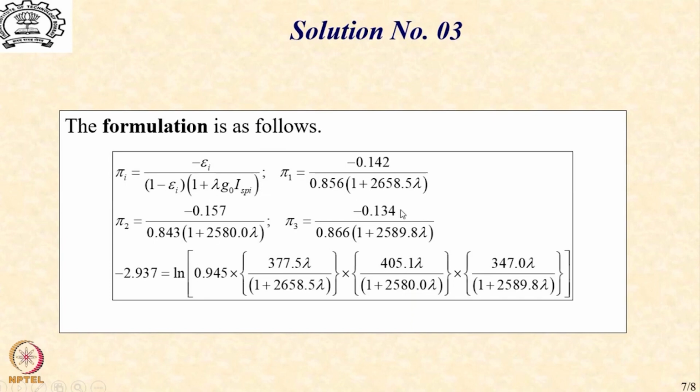Now the next step is to bring in the velocity constraint relation. Here I suggest that you go and look up in the lecture the velocity constraint relation, which is given as V star equals minus g naught sum over Isp i into ln of epsilon i lambda g naught Isp i divided by 1 plus lambda g naught Isp i.